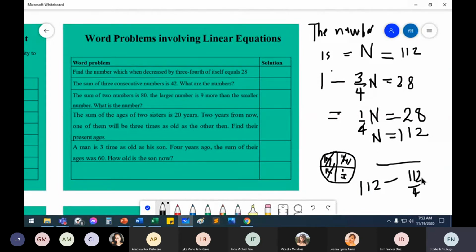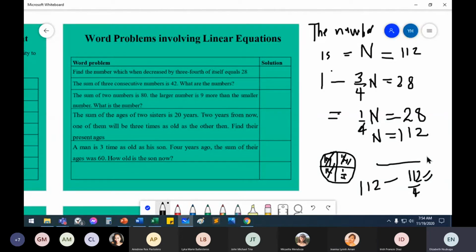What is 112 divided by 4? 112 divided by 4 will give us 28. Am I correct, students?